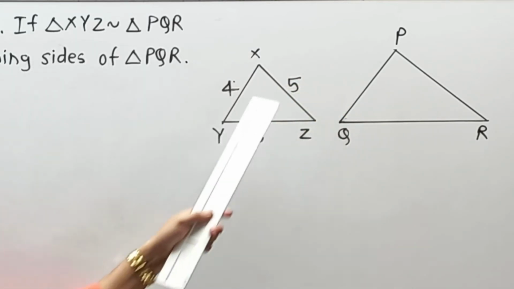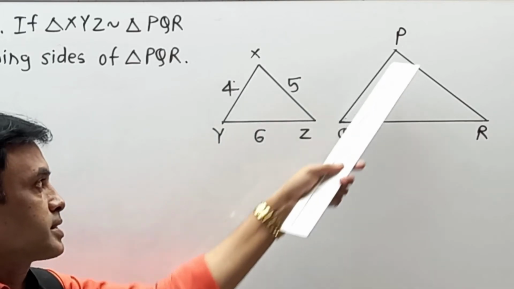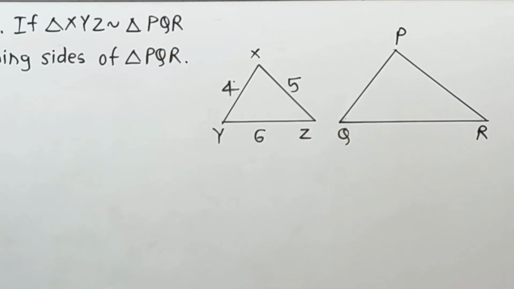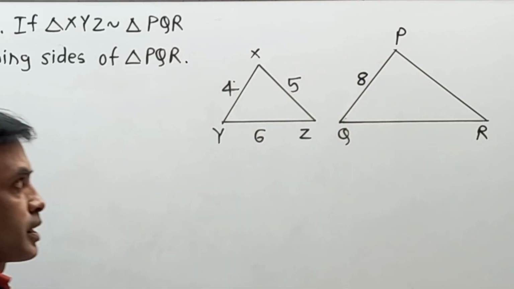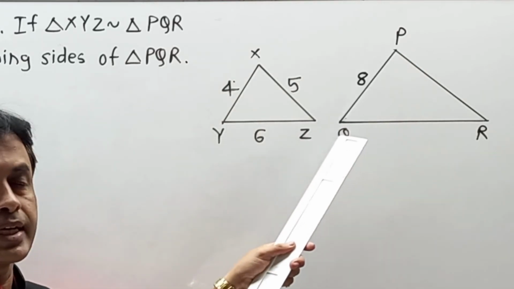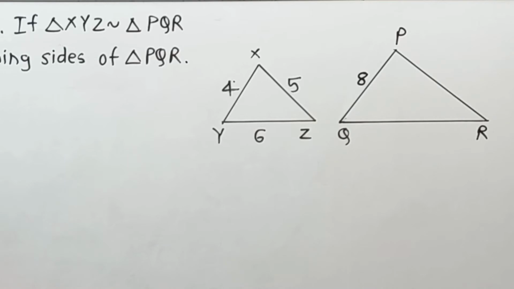If triangle XYZ is similar to triangle PQR and PQ is 8 cm, meaning P to Q is 8 cm, then find the remaining sides.